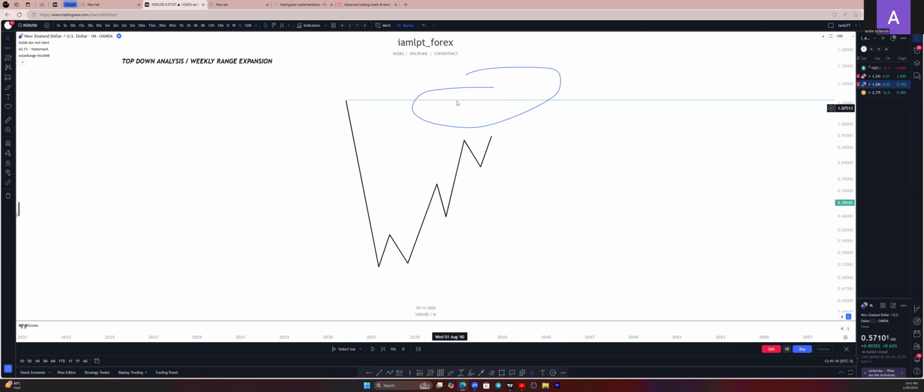If this is a 1 hour chart or a 15-minute chart or 5-minute chart, you wouldn't want to look for a trade opportunity here because the distance from this level to this level might even be less than 20 pips.